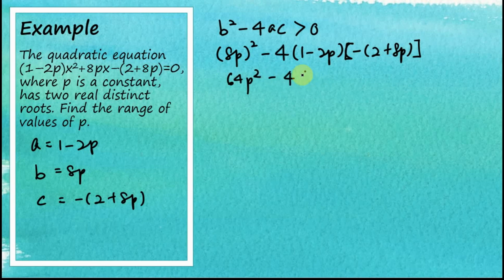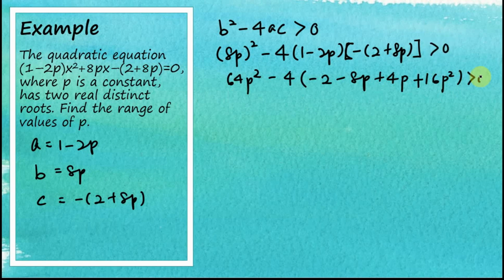Let's try to solve this part first. 1 multiplied by -2, so we have -2, and 1 multiplied by 8p, so we have 8p. -2p multiplied by -2 is equal to positive 4p, and -2p multiplied by 8p is -16p squared.